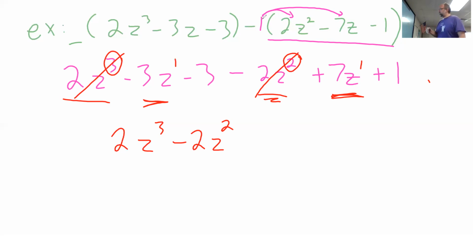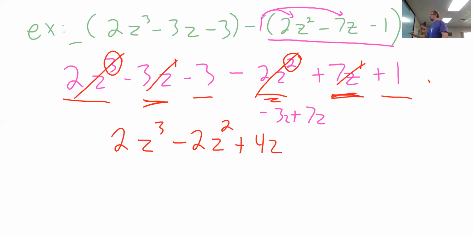So negative 3 plus 7 becomes positive 4z, because 7 minus 3 is 4. And those are used up. Then we got negative 3 plus 1 goes to negative 2. And that is our answer.